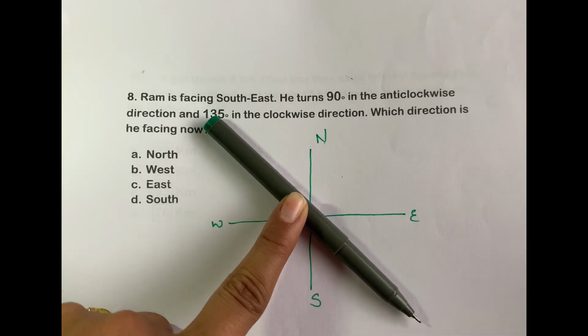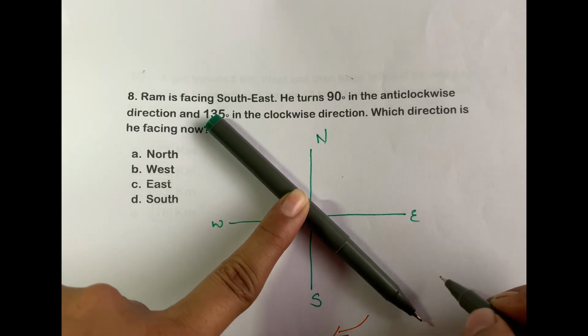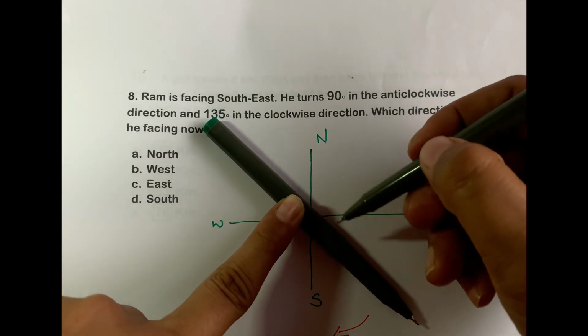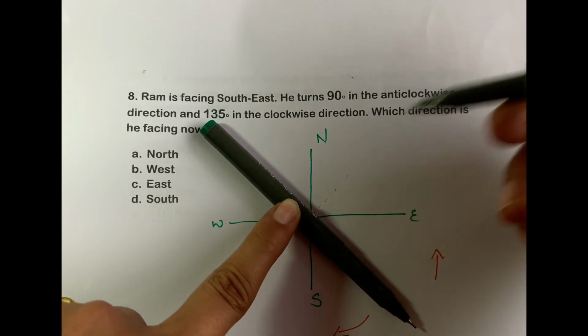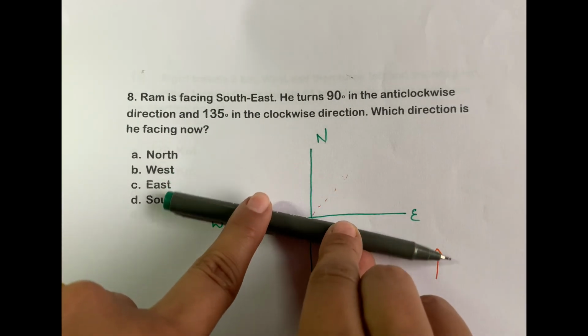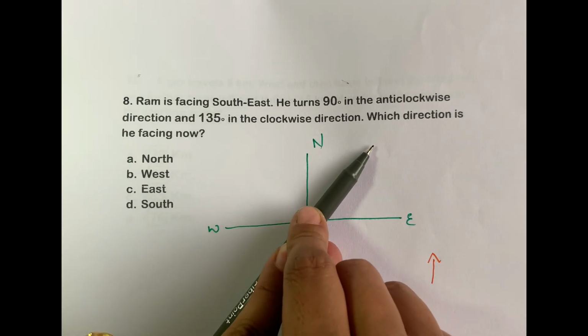He turns 90 degrees in the anti-clockwise. Which is the clockwise and which is anti-clockwise? This is clockwise and this is anti-clockwise. Now what is the 90 degree position? This is the 90 degree position. So he turns 90 degrees in the anti-clockwise, and now here is the position of Ram.